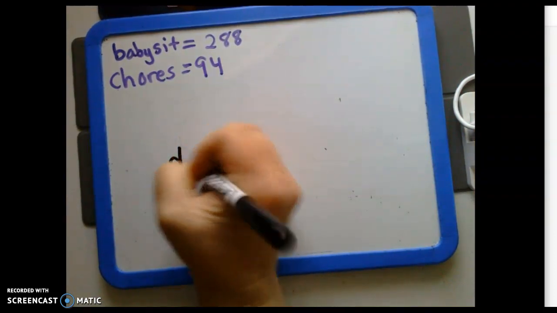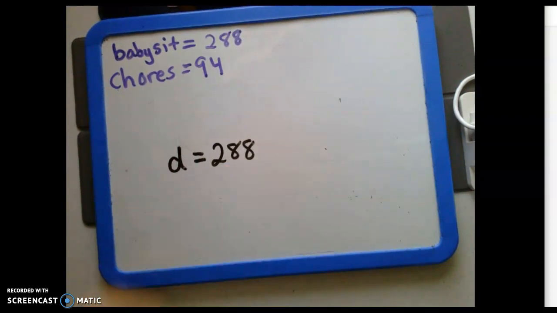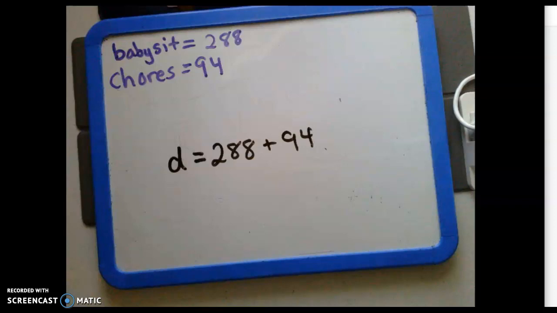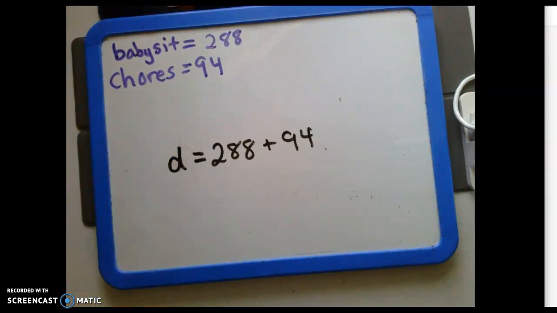We need to let B equal the amount she earned babysitting and the amount she earned doing chores. Now I want you to think to yourself, is there another way that I can write an equation? Before we even had to multiply, think about that really long equation we just did together. Let's think about how we could write that.